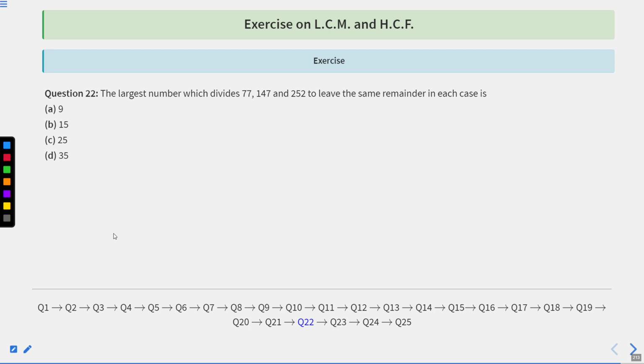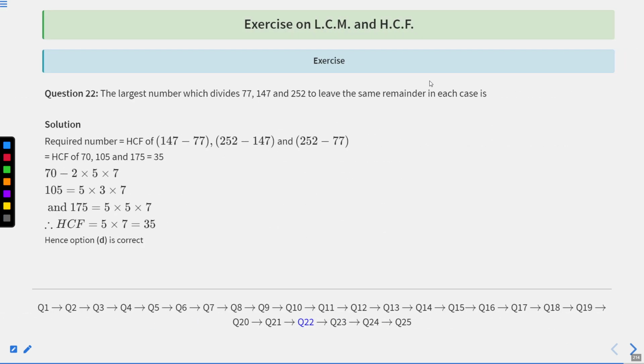Question number 22. The largest number which divides 77, 147 and 252 to leave the same remainder in each case. Solution. The required number is equal to the HCF of 147 minus 77, 252 minus 147 and 252 minus 77.